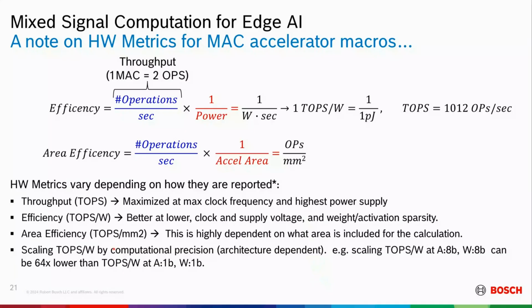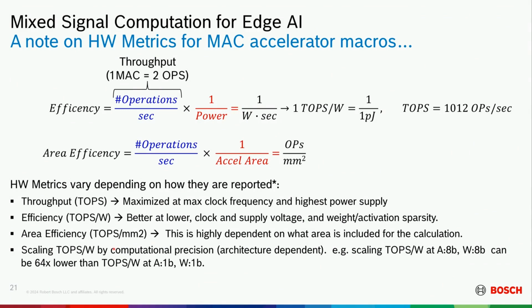And then area efficiency, TOPS per millimeter squared. This is highly dependent on what you decide your accelerator size is, right? So if you keep something out of your calculation, you may look much better there. And then finally, oftentimes if you start reading these papers, efficiency can be reported at different bit precisions.